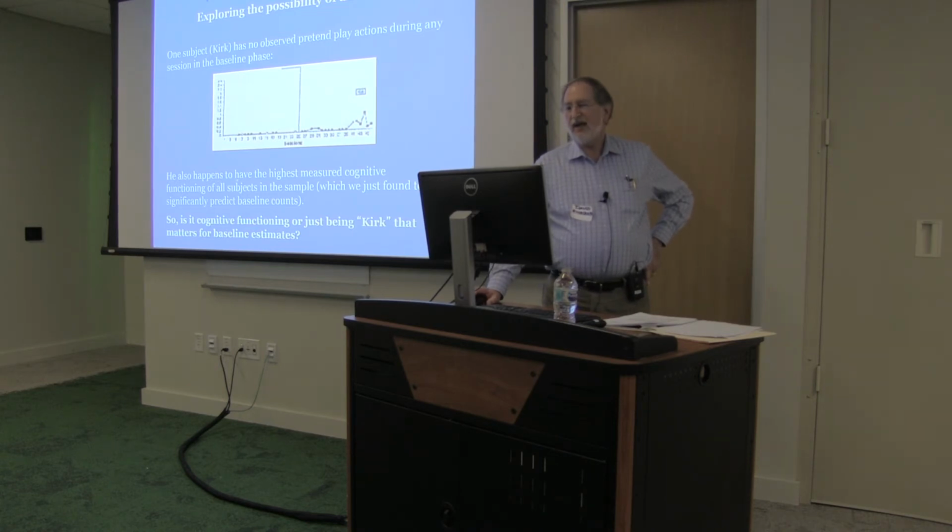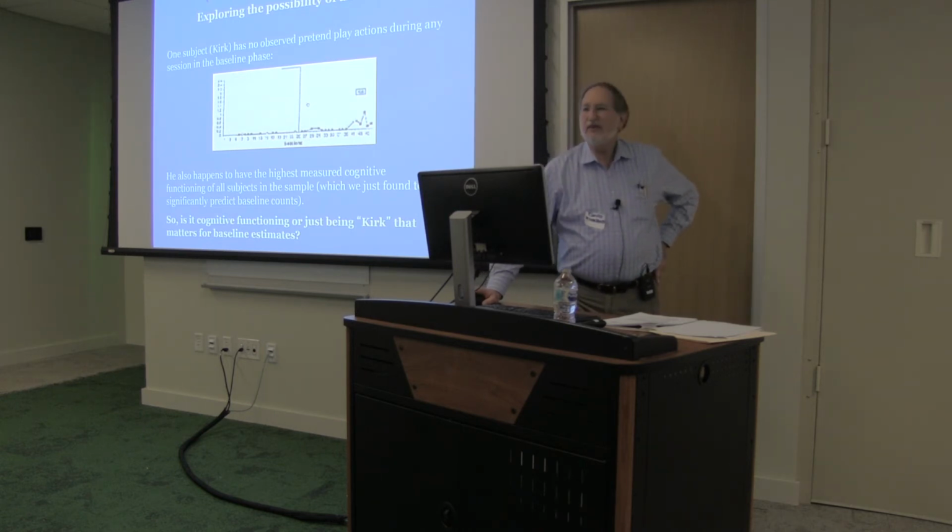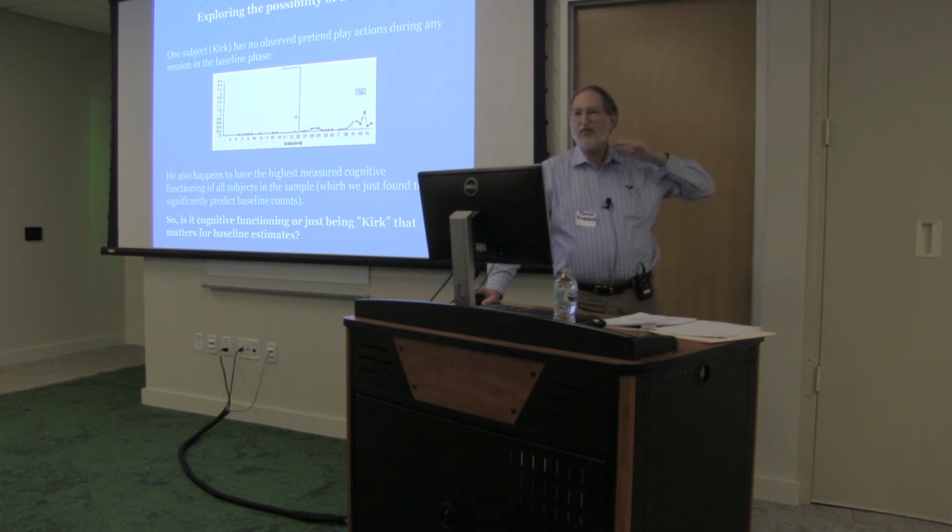He also happened to have the highest measured cognitive function, which we just found to predict baseline rates. So I decided to do an analysis of Kirk as an outlier. Is it just Kirk is very different than everybody else and everybody else is the same?